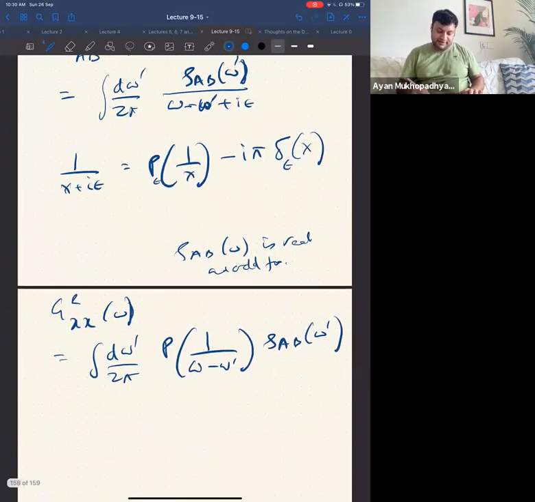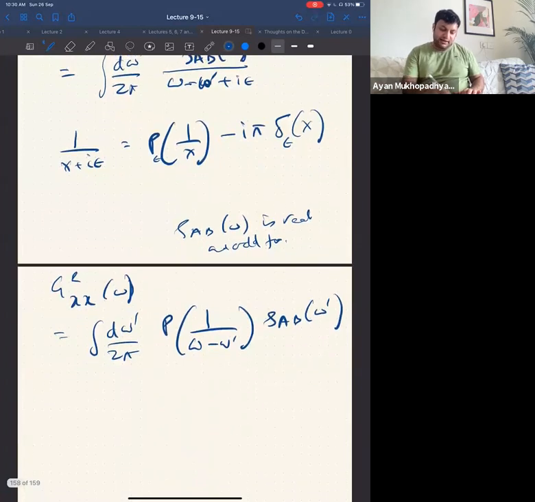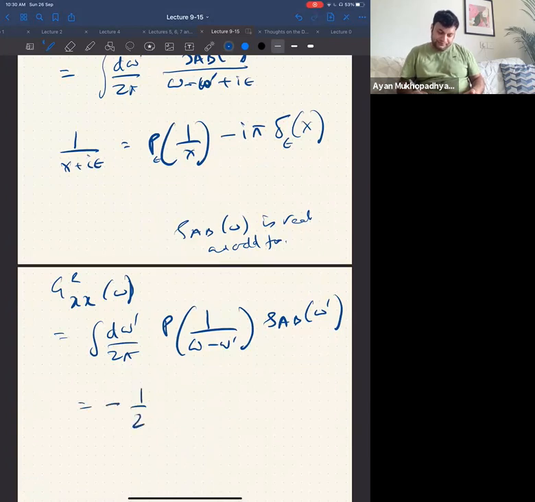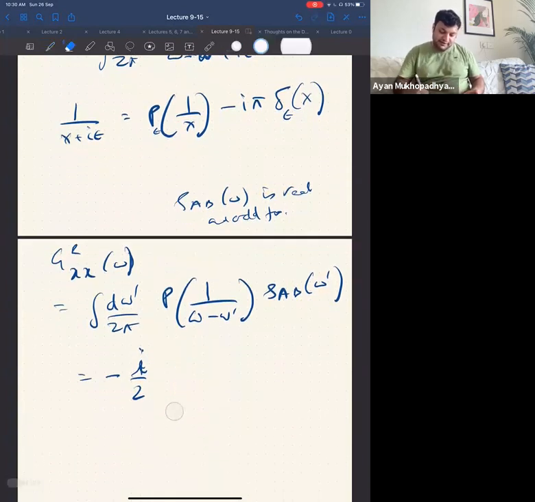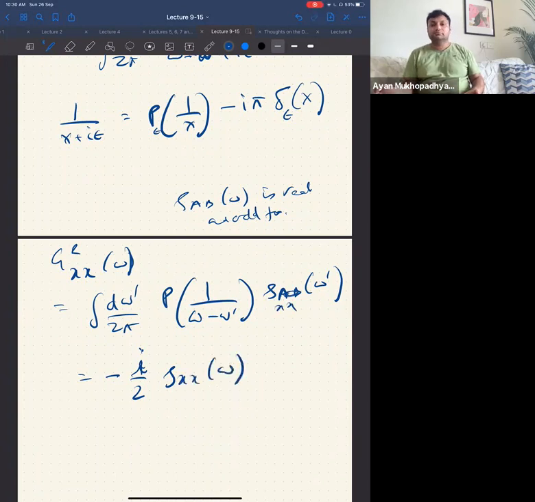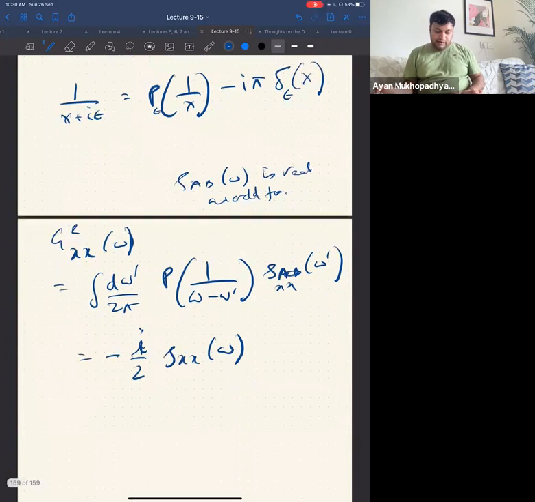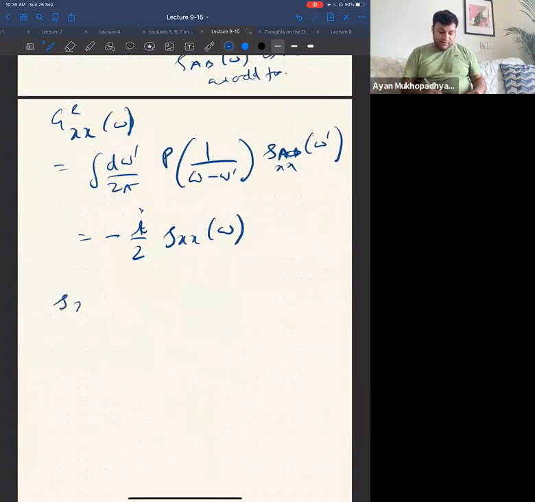So now if I put it back, you see that minus i pi and pi, and this thing goes away. So I have minus half minus i by 2, and then I have a delta function of omega minus omega prime. So it simply gives me minus i by 2 rho_XX(omega). So from here, we learn that rho_XX(omega) is also minus twice the imaginary part of G^R_XX(omega).